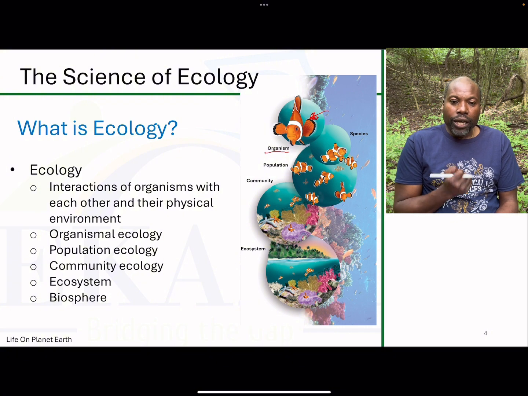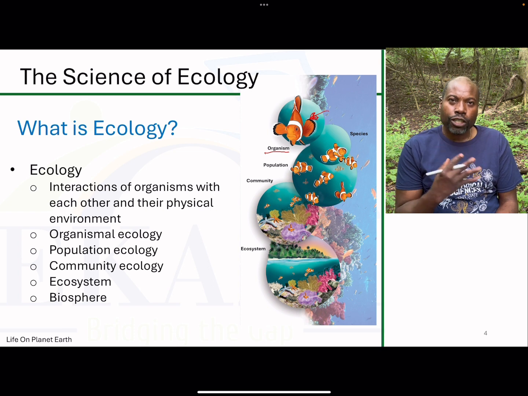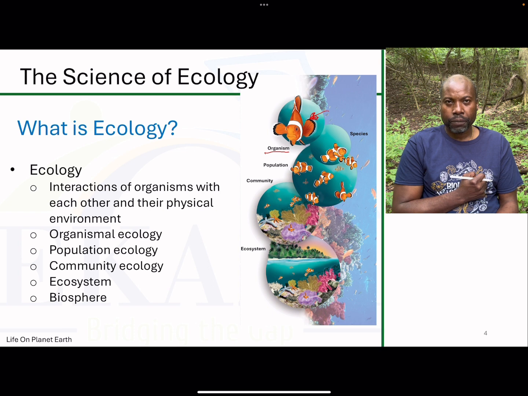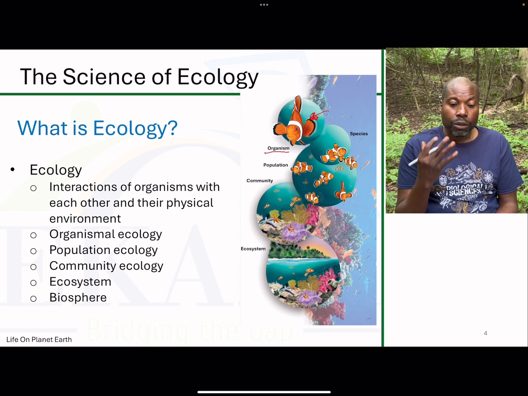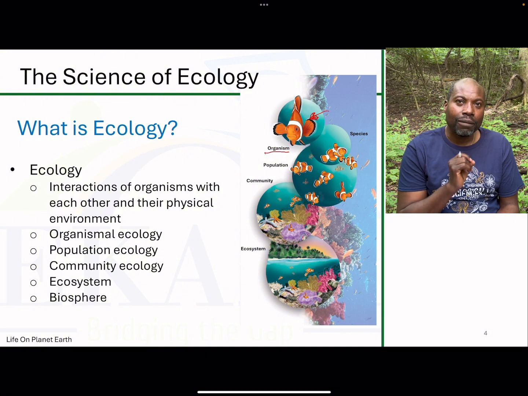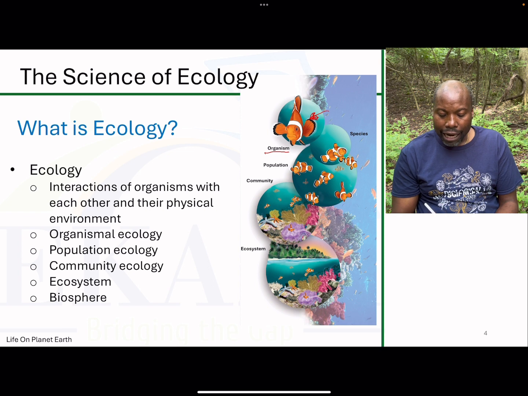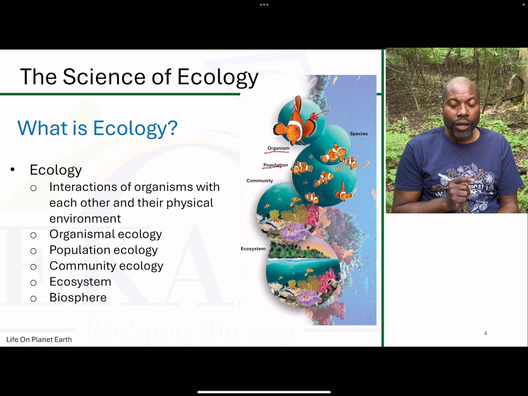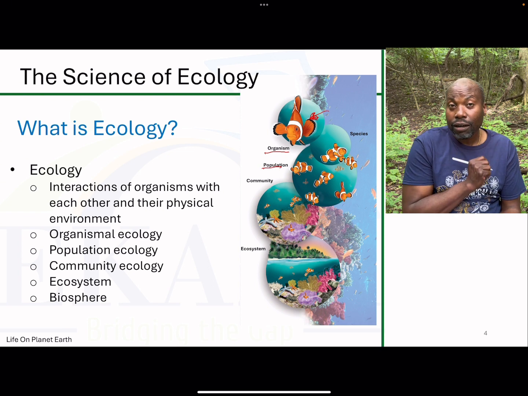Then we are going to ask the following question. How are clownfishes interacting with each other? Right? How are clownfishes interacting with each other? So now, first we were at the organism level. Now we are going to a population level, because now we are not just looking at one single organism.